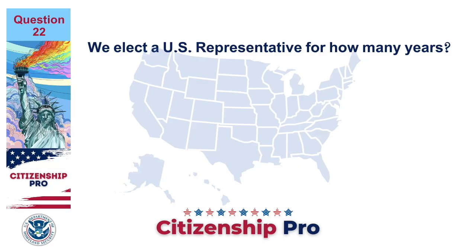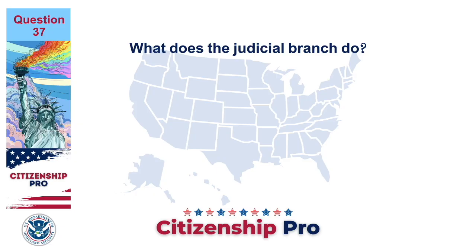We elect a U.S. representative for how many years? 2. What does the judicial branch do? Reviews laws.